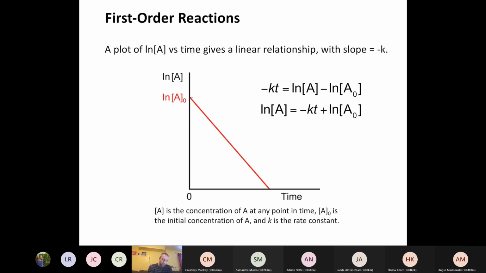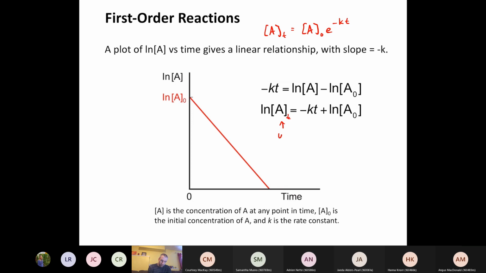Remember our equation for first order is concentration of some reactant at some time t is going to be whatever the initial concentration was times e to the minus kt. What we can do is take the natural log of both sides of that equation, and you end up with this form, that the ln of A at time t equals minus kt plus ln A0, A naught, which is your initial concentration.